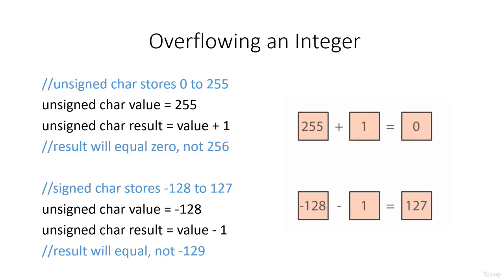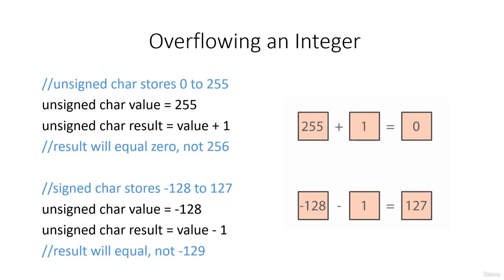This happens when attempting to store an integer value that is too small for a variable's data type. A signed character variable can store an 8-bit integer value in the range of negative 128 to positive 127. If we declare a signed character variable, assign it a value of negative 128, subtract 1 from the value, and assign the result to another signed character variable, what will be the value of the result?